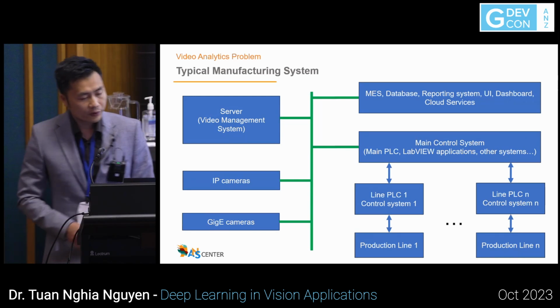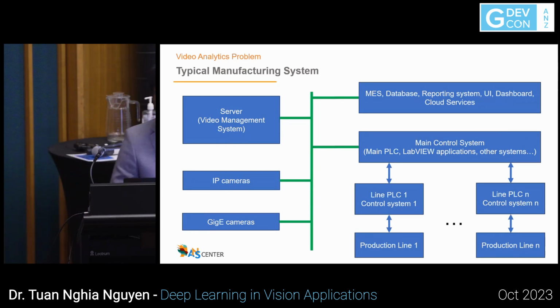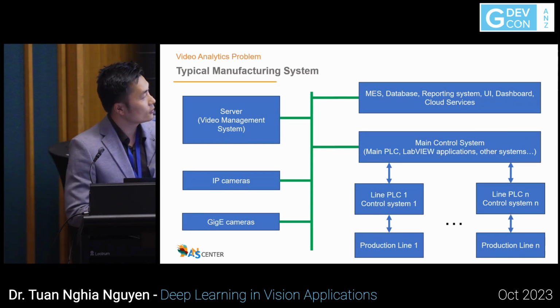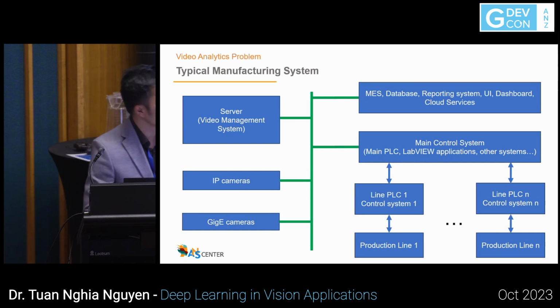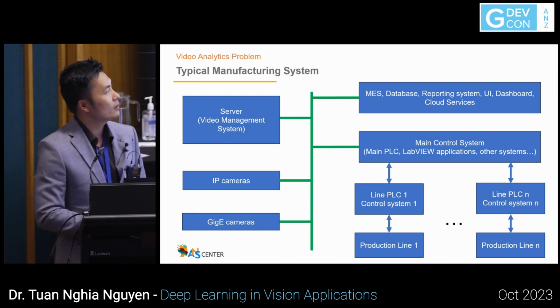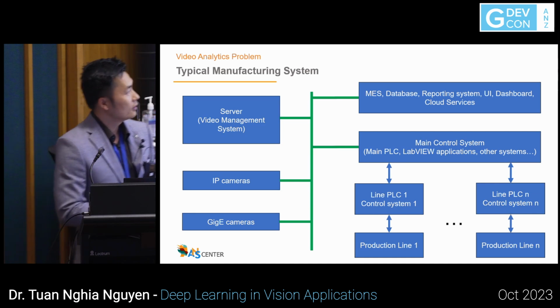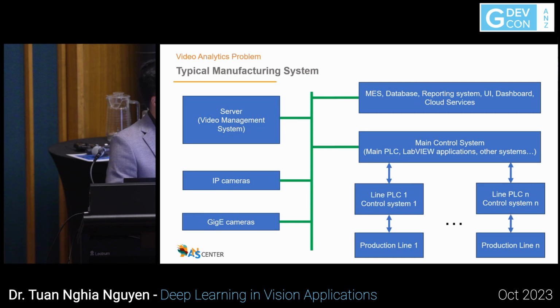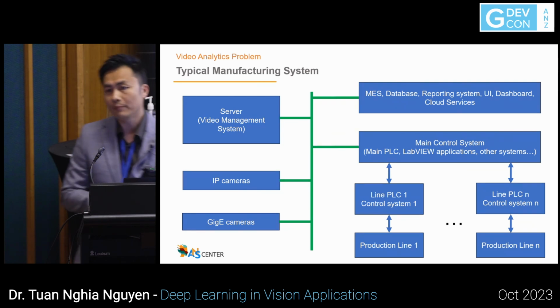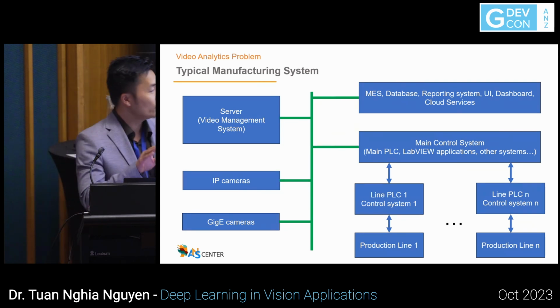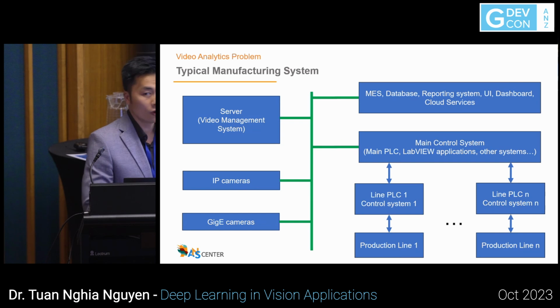When we talk about the typical manufacturing system, normally we have something similar to a SCADA system. We have the main controller here, which could be the main PLC or LabVIEW application or another system. Underneath is the control system, could be the PLC or LabVIEW application, and then we do the control on the production line.